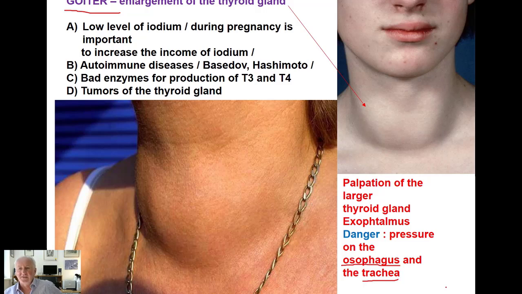The reasons why these two lobes are growing can be different. Hyperfunction or hypofunction of the thyroid gland can happen, and the result is seen on the neck. So they have to take a small piece of tissue from the thyroid gland by puncture, and in the microscope they study the cells to find the reason for what is happening in the thyroid gland.